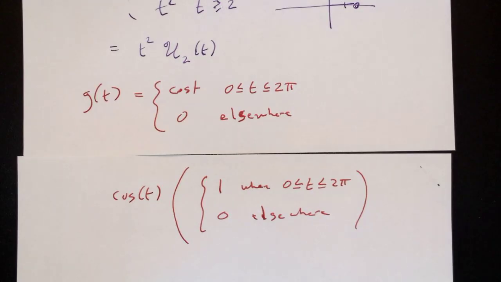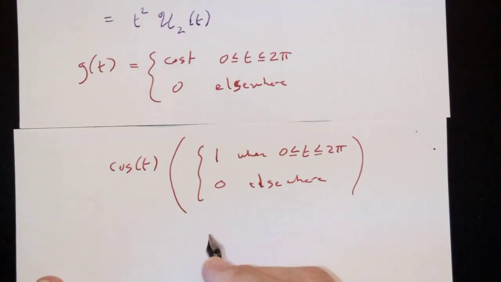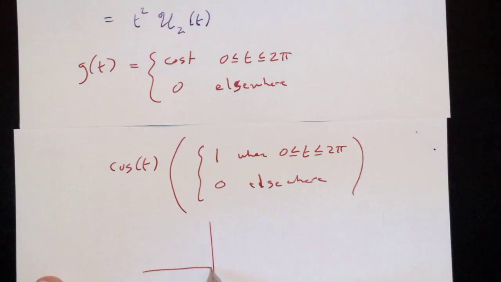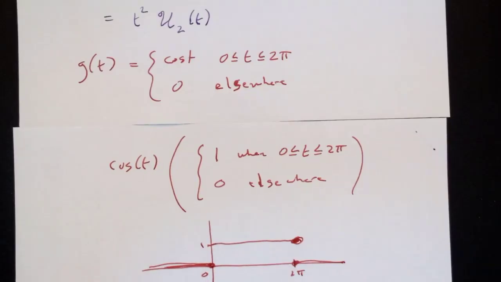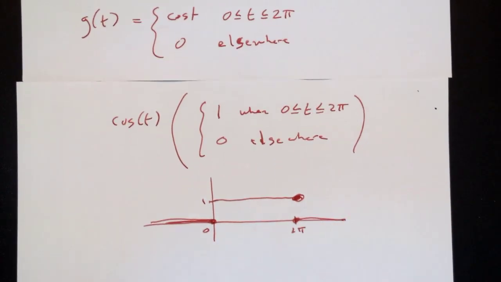So this is a function that looks like this, right? It's off, it's on, it's off. So this is a step to turn on at 0.